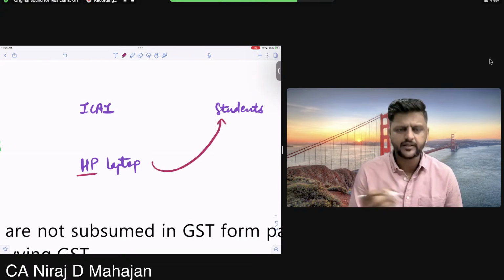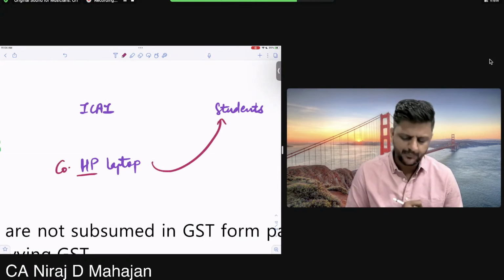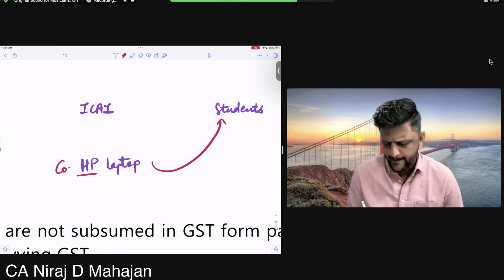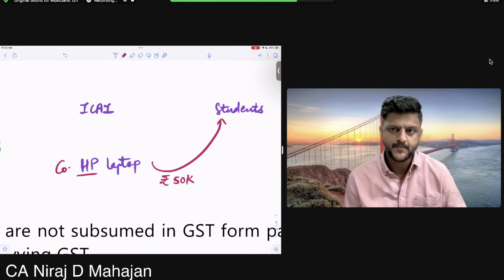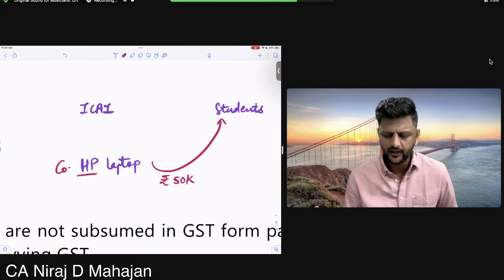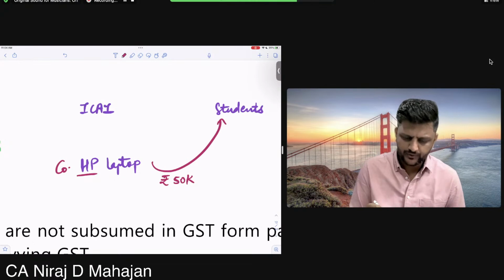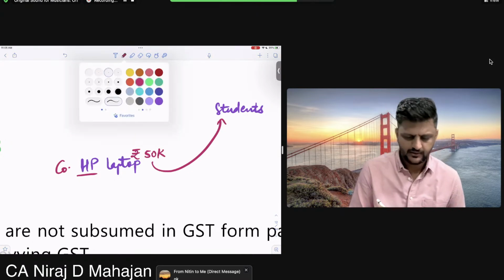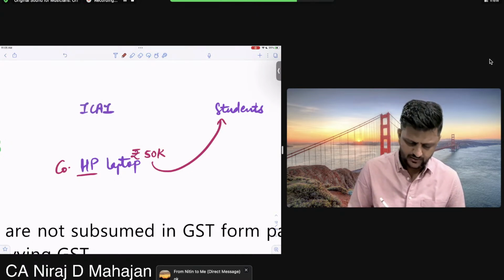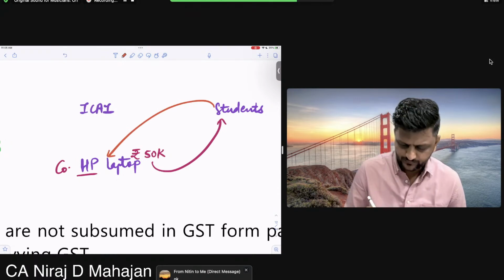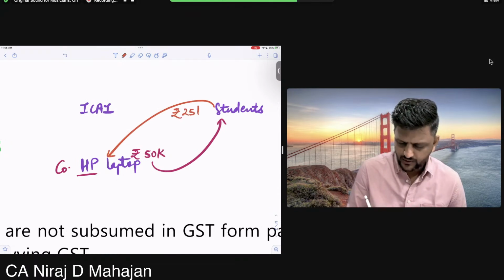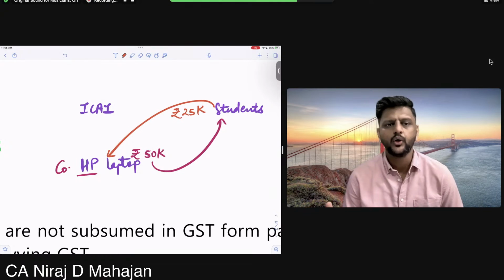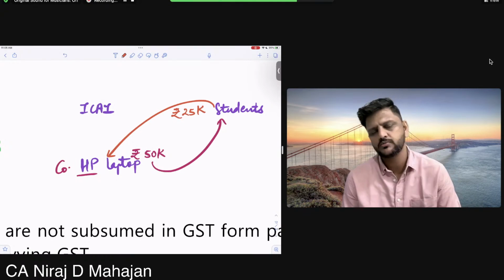If the HP company sells the laptop to the students or to any third party, then the price is 50,000, just for the sake of example. But as per the scheme by ICAI, they say students, for you 25,000. Correct? Now, the company is not going to make a loss.